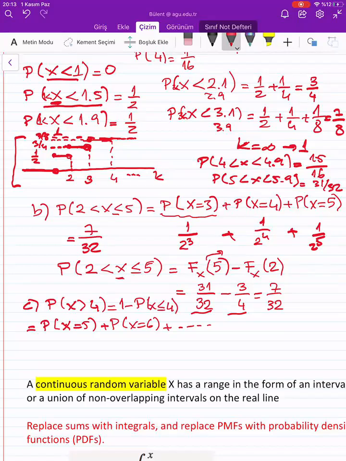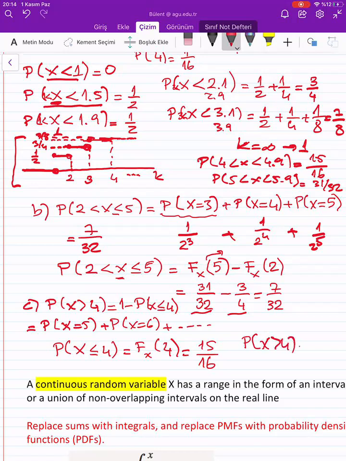If we are interested in the probabilities of something greater than 4, which is 5, 6, 7, we may also say 1 minus P(x ≤ 4). So the probability of x ≤ 4 is equal to the CDF at 4, which is 15 over 16. And the probability of x greater than 4 is equal to 1 minus 15 over 16, which is equal to 1 over 16.